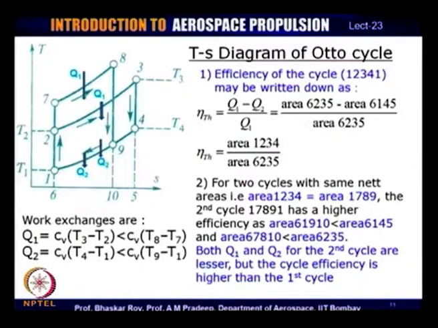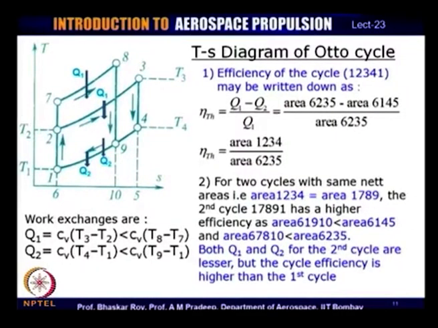Now, the TS diagram directly tells us the work, the heat input and the heat output of the system, as a result of which the thermal efficiency can be quickly found. It tells us again that the net area, that is 1, 2, 3, 4, actually gives us the net work output, or net energy available for work, divided by the net heat input, and that is the thermal efficiency of the system.